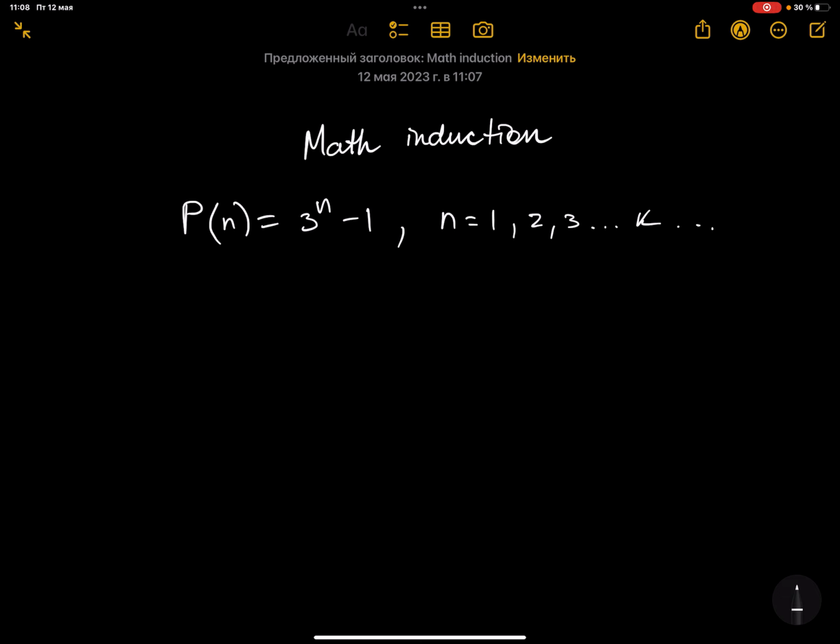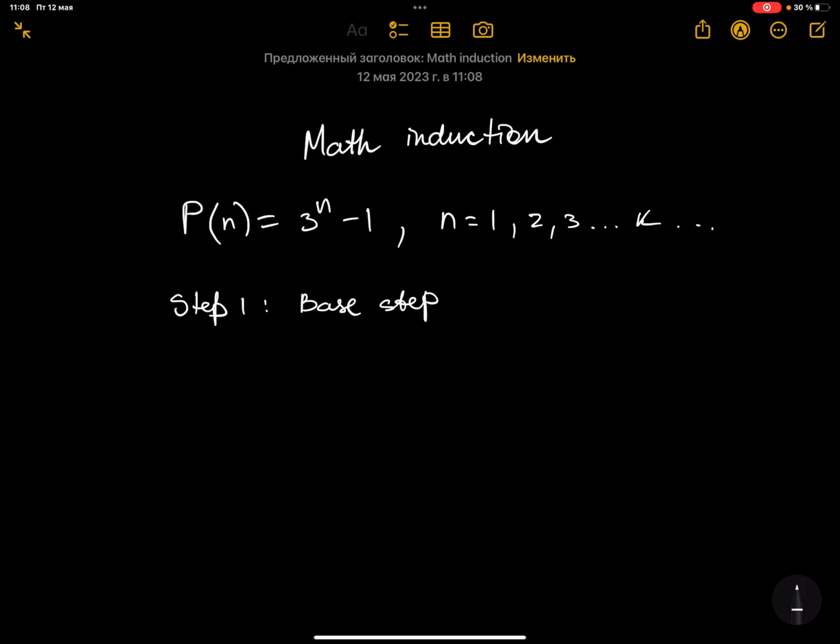The first step is step number 1. Consider the base step. In this step, you prove that this Pn meets the certain requirement. This requirement is that this is a multiple of 2 for the initial case.